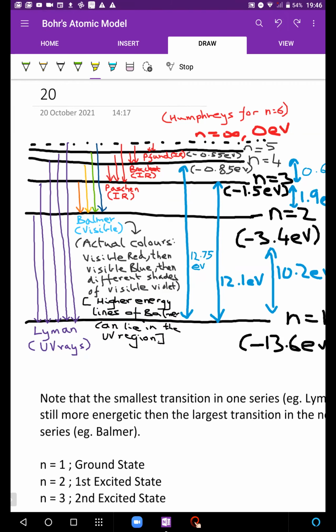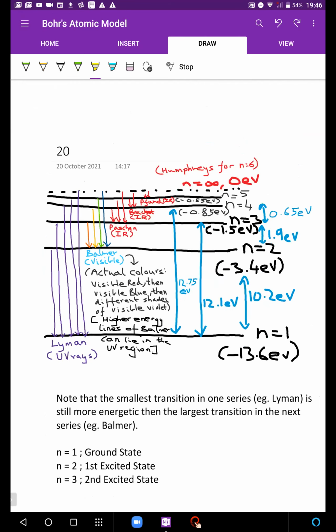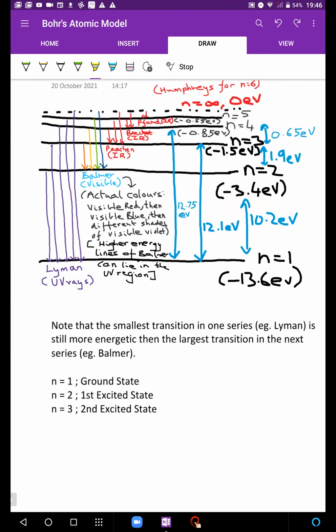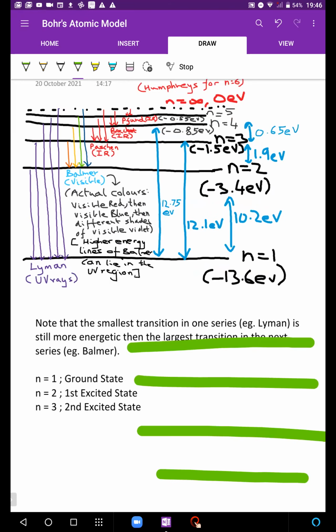Now here one point to keep in mind, which students sometimes miss because they draw their series like this. If you draw your lines randomly, if you don't draw it to scale, you may think that the Lyman series' smallest line is less energetic than the Balmer series' largest line, and that's not true.